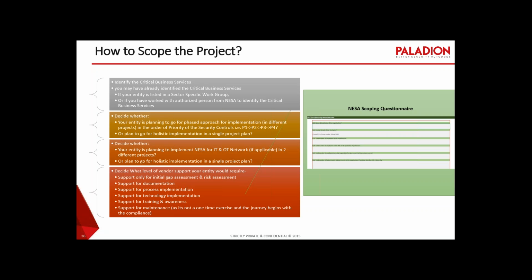Again, it's not a one-time exercise. The journey begins with the compliance. So you have to maintain your compliance on an ongoing basis, and this monitoring program from NESA is not going to be a one-time exercise. It's going to be a continuous exercise. So on a continuous basis, you will have to demonstrate your compliance to NESA. So that's the fourth deciding factor you have to look at.